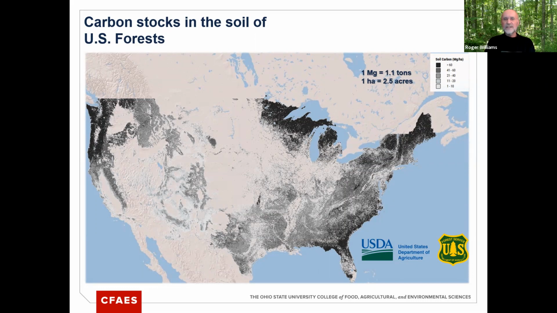Carbon enters the soil through decomposition of plant material, through roots of plants, and through symbiotic relationships of microorganisms in the soil. Now, soil disturbances tend to release carbon out of the soil. And since many forests remain essentially undisturbed for periods of time, it allows for the buildup of carbon in the soil.